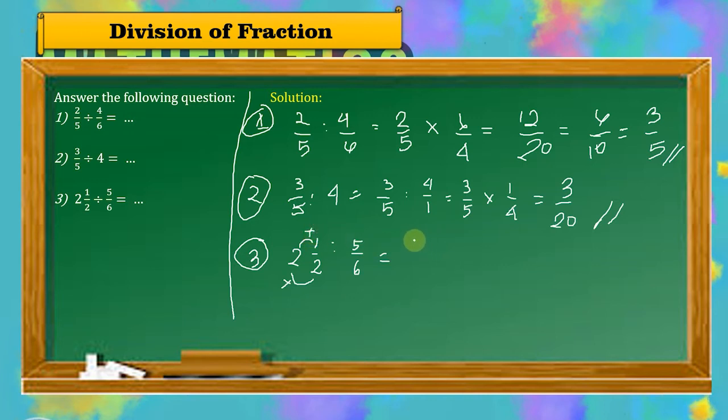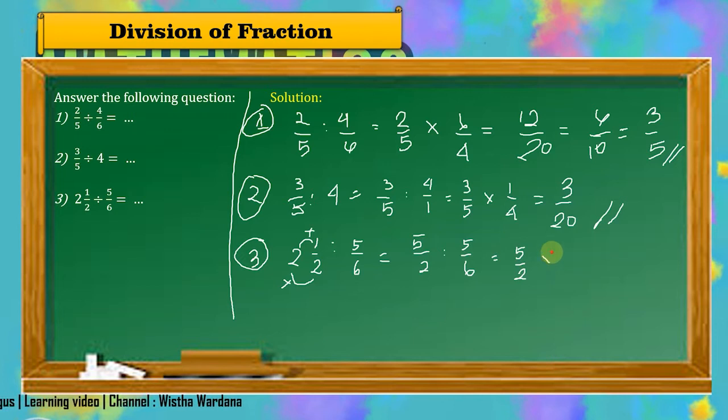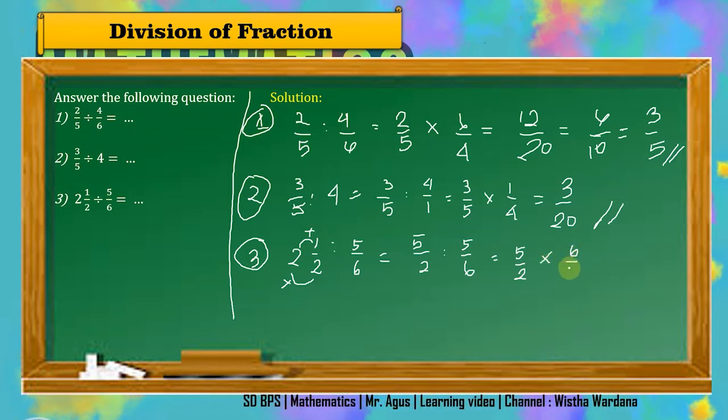So you got 5/2 divided by 5/6. After that you have to change the division sign to a multiplication sign like before, like number 1 and number 2. So you got 6/5 here.